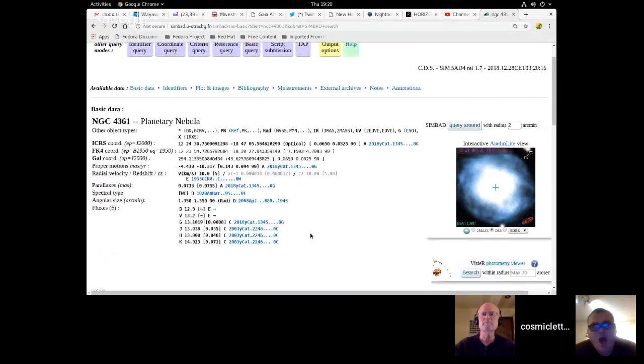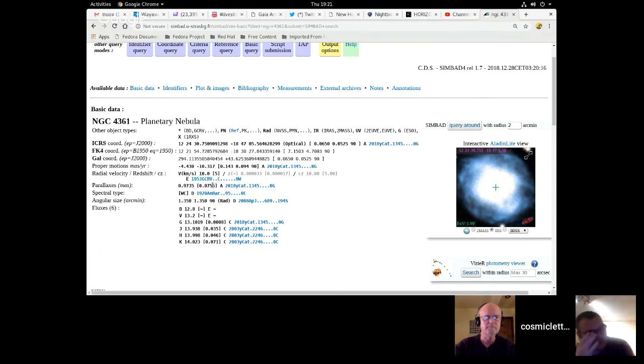So, right ascension in the sky, 12 hours, 24 minutes, 30 seconds, and then a declination of negative 18 degrees, 47 minutes and 5 seconds. Proper motion, pretty small.